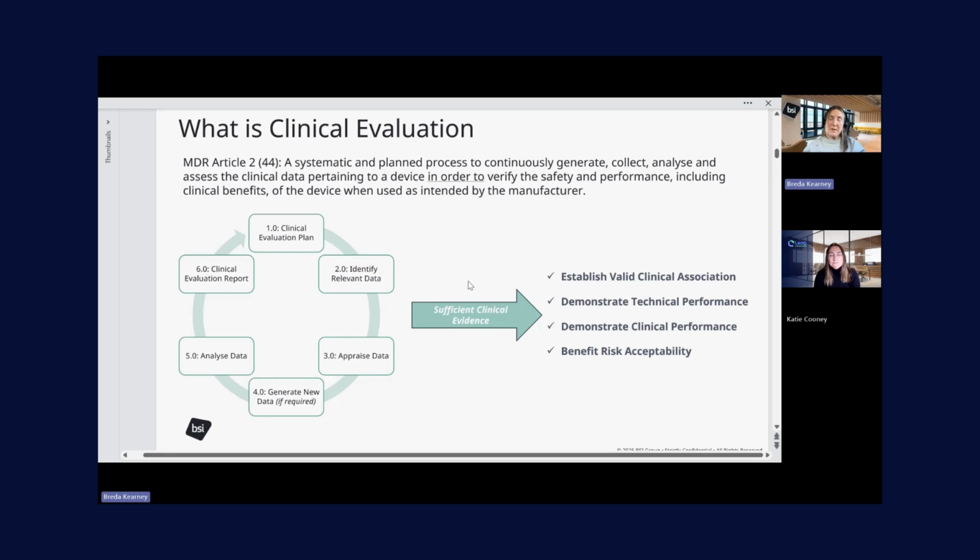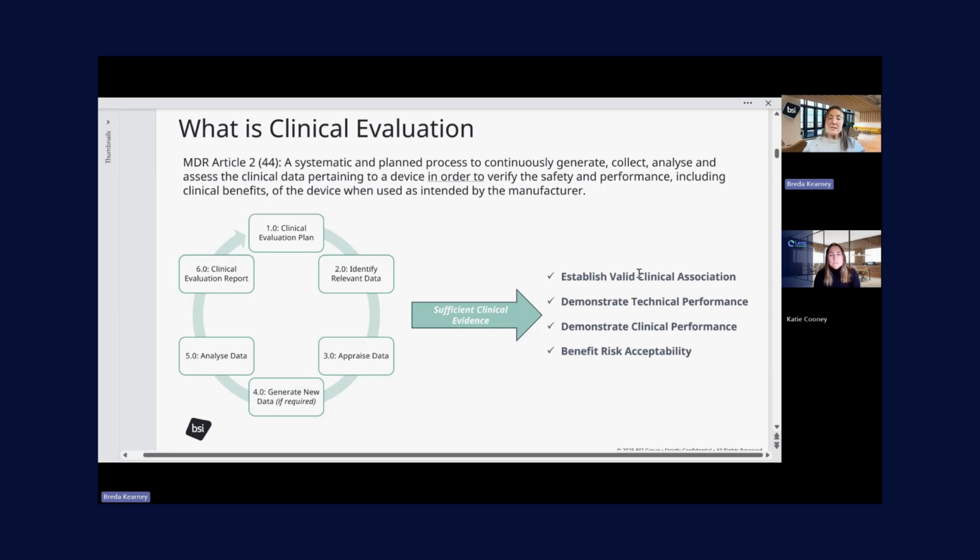Specifically with software, what we're looking for is, do we have enough clinical evidence to establish that there's a valid clinical association between the output and a clinical condition? And I'll explain these terms in a bit more detail in a moment.